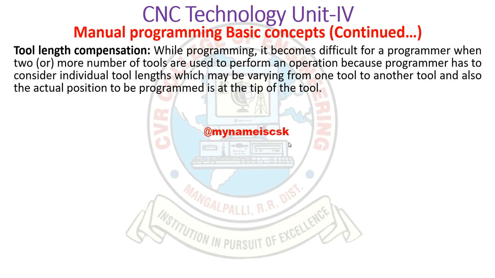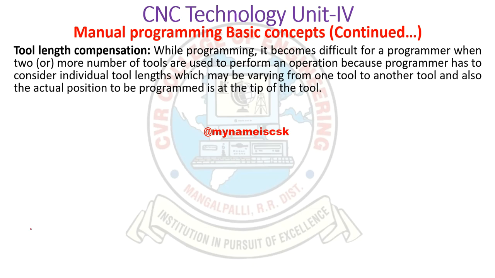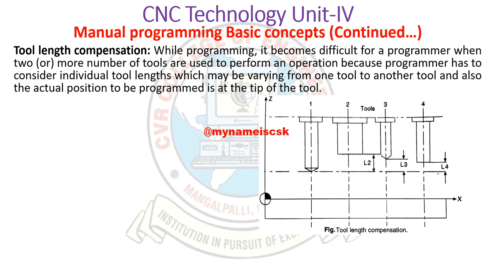In tool length compensation, there are different kinds of tool lengths. If you see the sketch, this is our minimum tool length. One has a distance of L2, one has L3, one has L4.